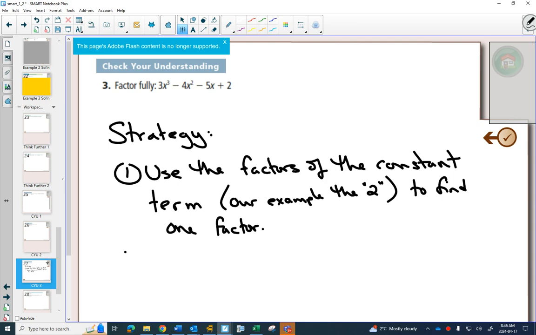Once you find one factor, and how do you do that? Either with the remainder theorem or synthetic division. You can choose, it's up to you. You're going to need synthetic division anyways because you need to write the division statement.